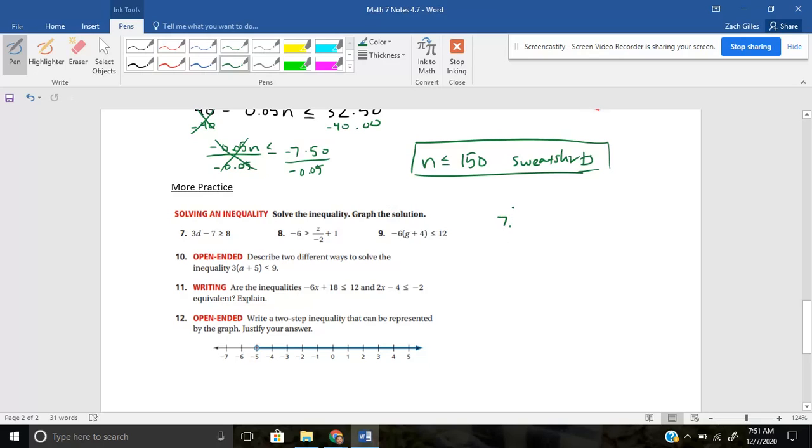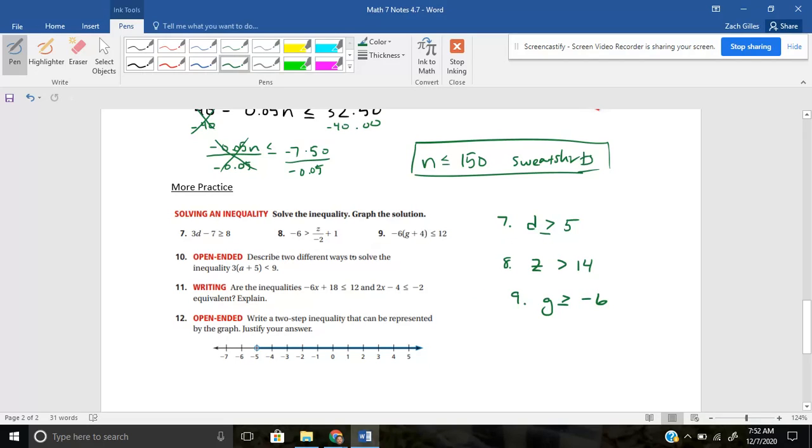For 7, you should come up with d is greater than or equal to 5. For number 8, z is greater than 14. For number 9, g is greater than or equal to negative 6.